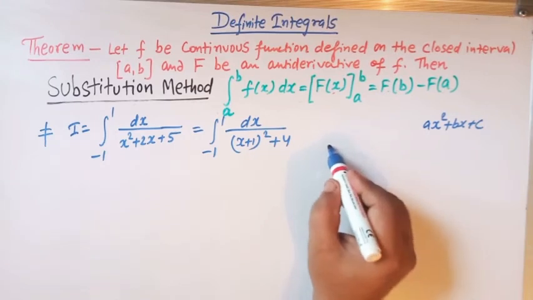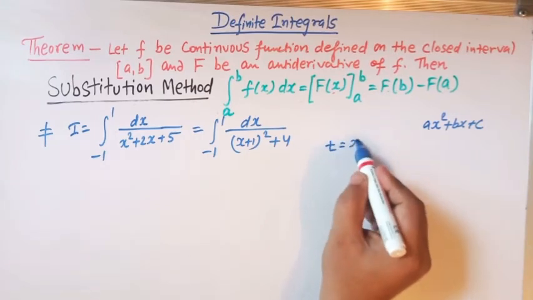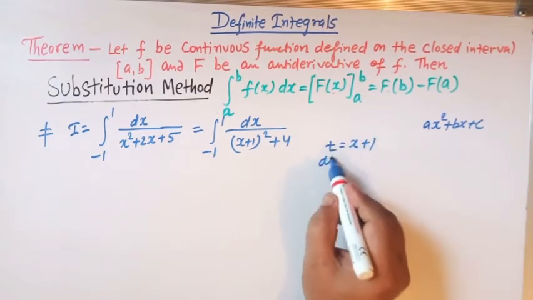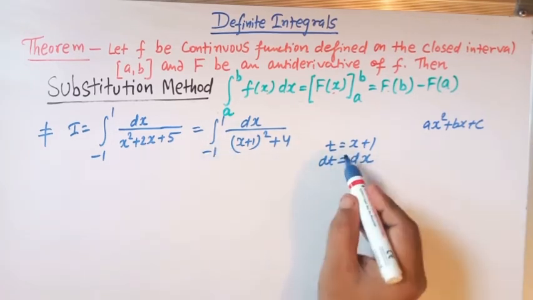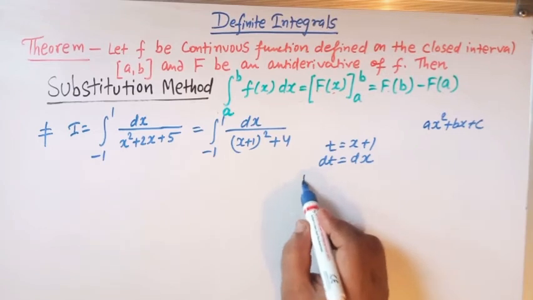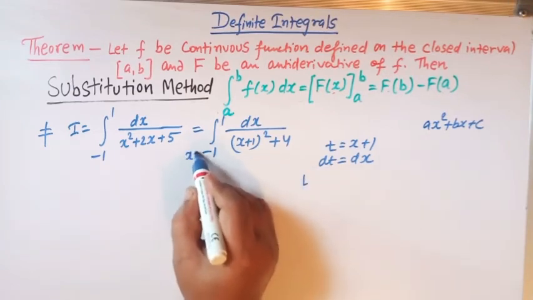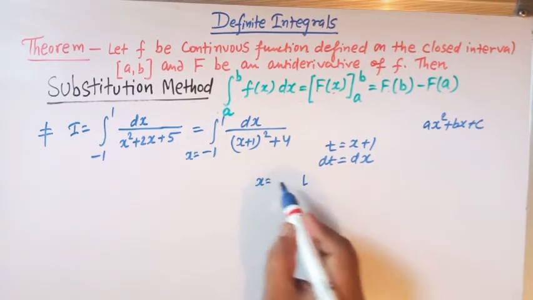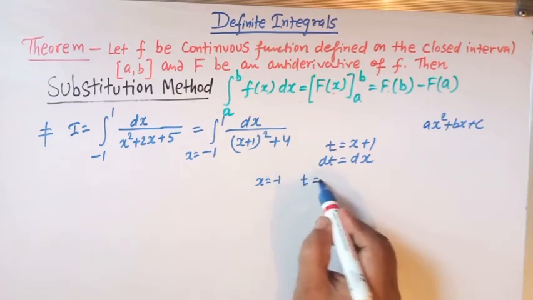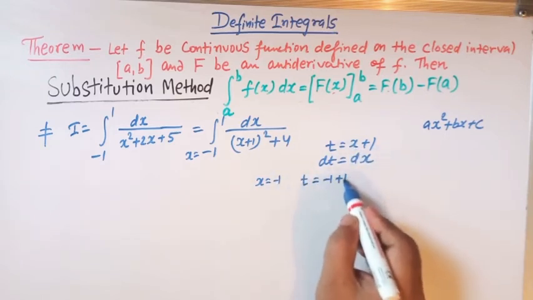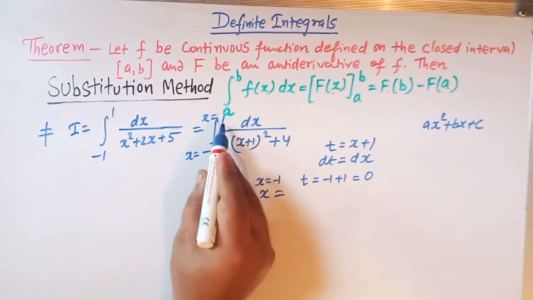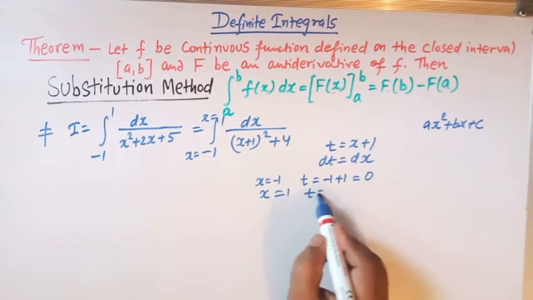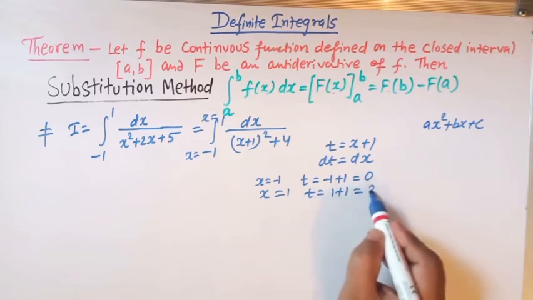Now let us put t is equal to x plus 1. So dt is equal to dx, and the limits will be changed. When x is equal to -1, then t is -1 plus 1, that is 0, and when x is equal to 1, then t is 1 plus 1, that is 2.